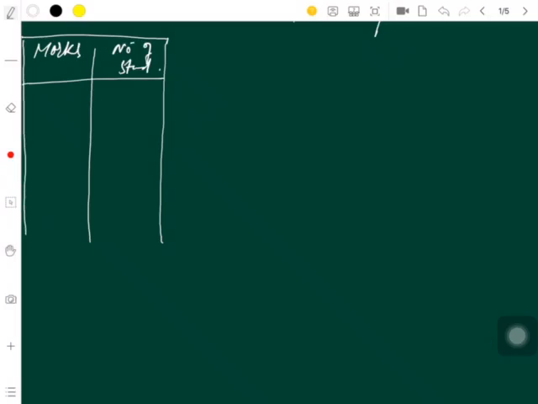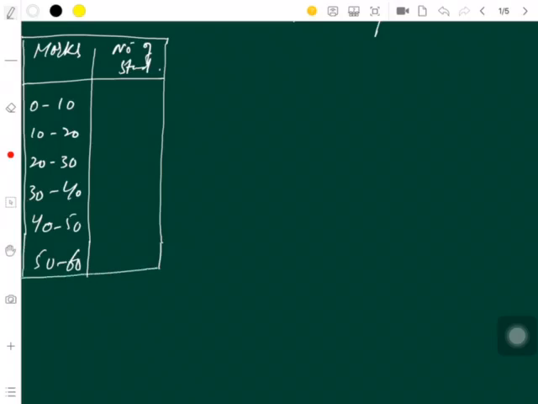Marks are 0 to 10, 10 to 20, 20 to 30, 30 to 40, 40 to 50, and let us stop it here, 50 to 60. This is our first table. This is a very simple frequency table with continuous classes.